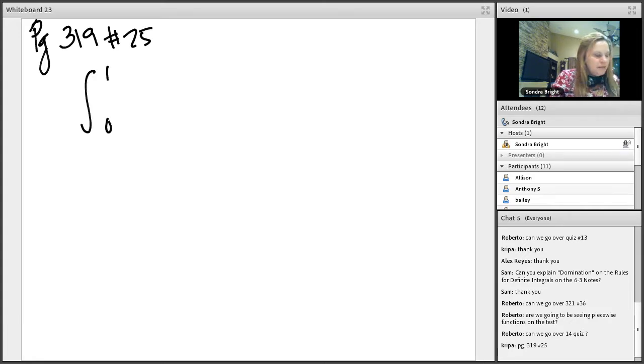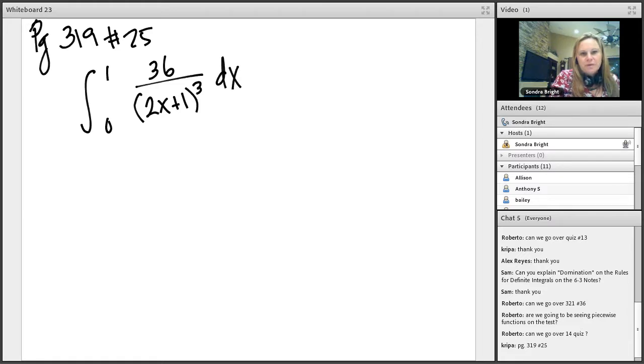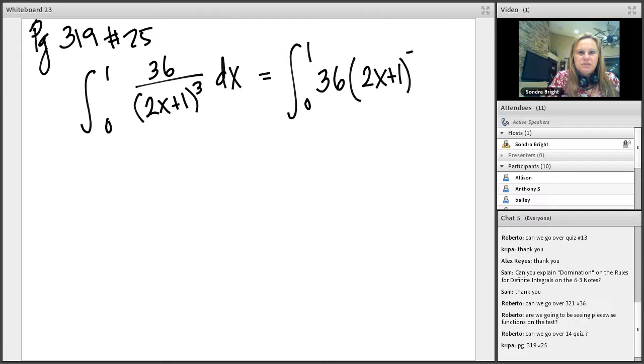Okay. So we're integrating from 0 to 1 of 36 over (2x plus 1) cubed. What I would do is rewrite this as the integral from 0 to 1 of 36 times (2x plus 1) to the negative third power.